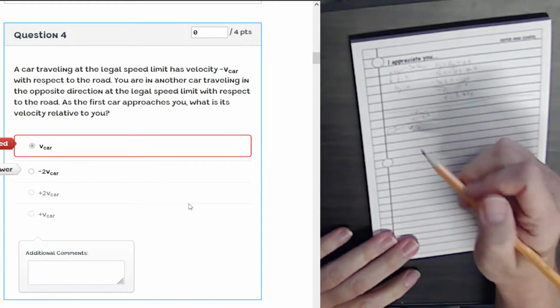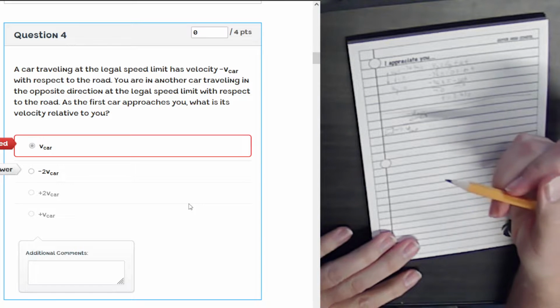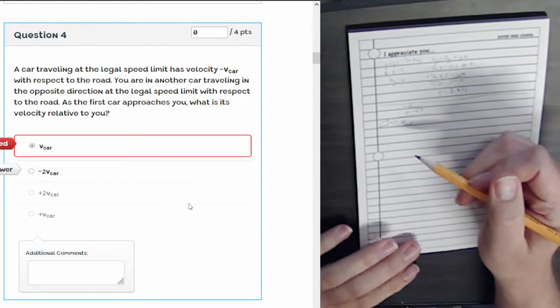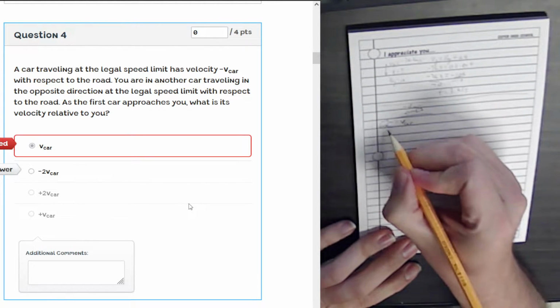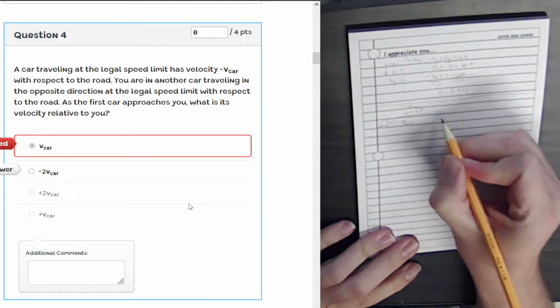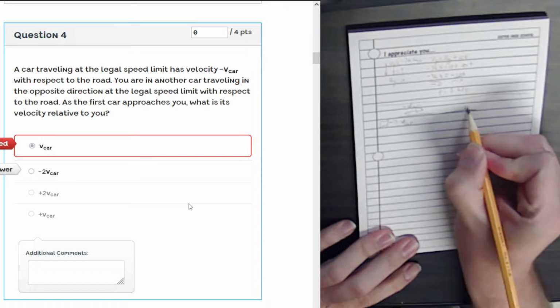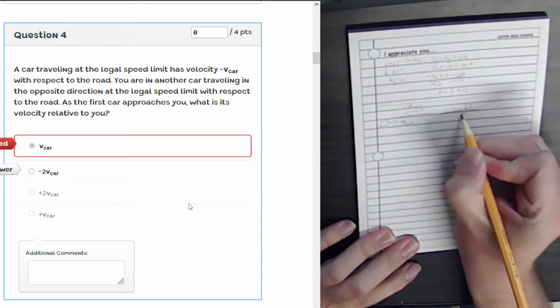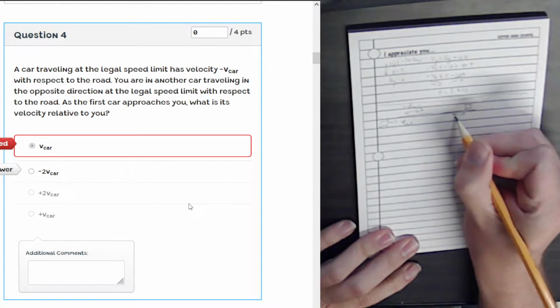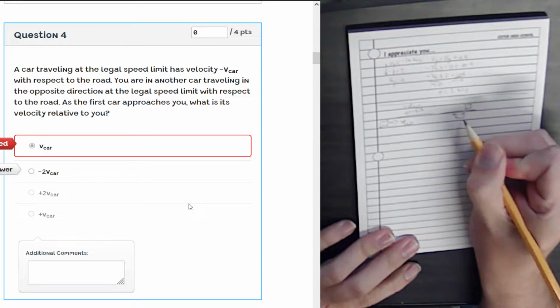So both of these are assuming the road is stationary. Pretty good start. But then it asks you, well, what is it from your perspective? Well, from your perspective, the road is coming towards you. So this chunk of the road is coming at you with your speed, v car, in the opposite direction.